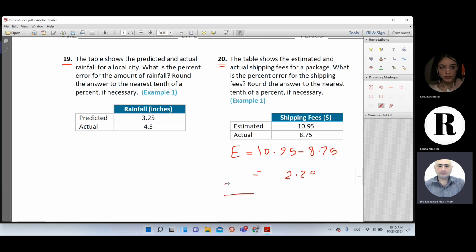Then, when you want to find the percent error, take the part over which value? I will choose, 10 or 8. The more real, which is the actual, because 10 estimated means nearest to the real, but the more real will be what? The actual. So take 8.75.